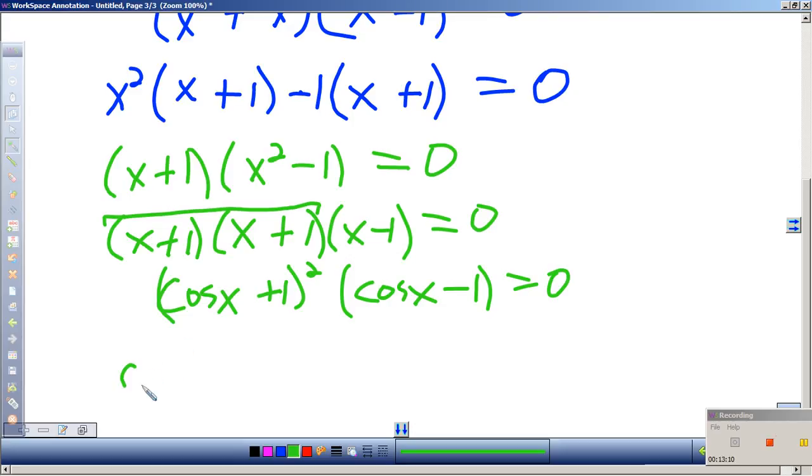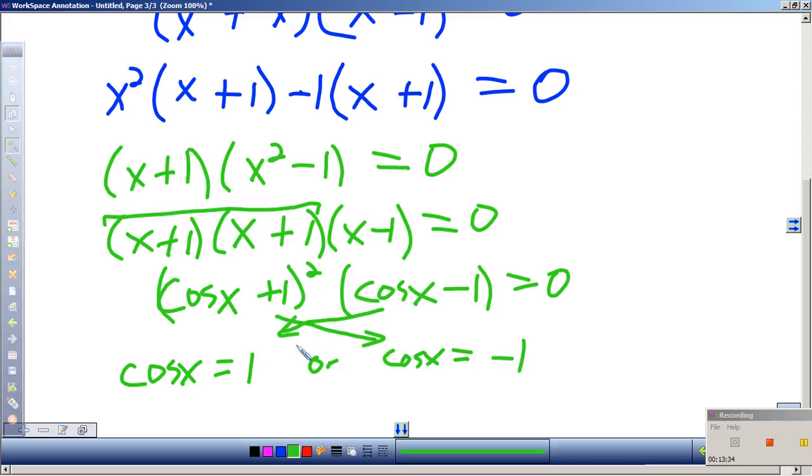Cosine x equals 1, or cosine x equals negative 1. Plus or minus 1. So, notice this one is generating this solution, this one's generating that solution. They're actually going this way, but it doesn't matter which one.